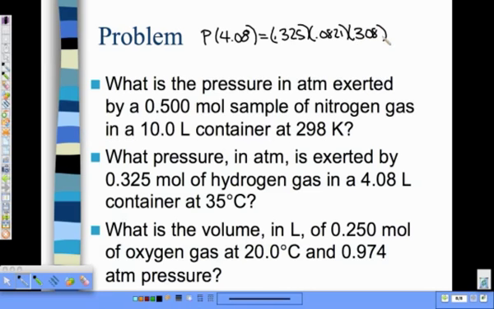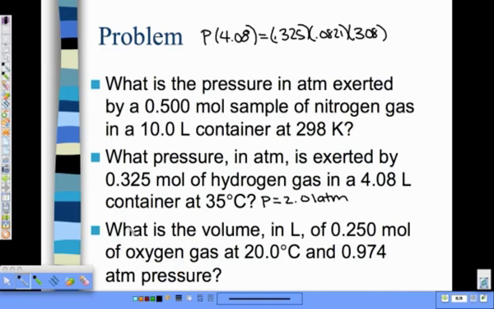So let's calculate pressure. Pressure is going to equal 2.01, again atm. So there you go.